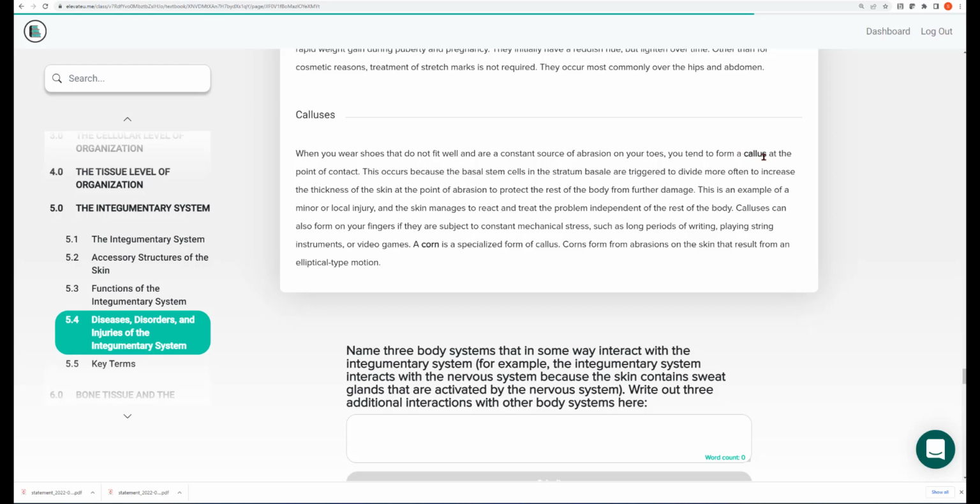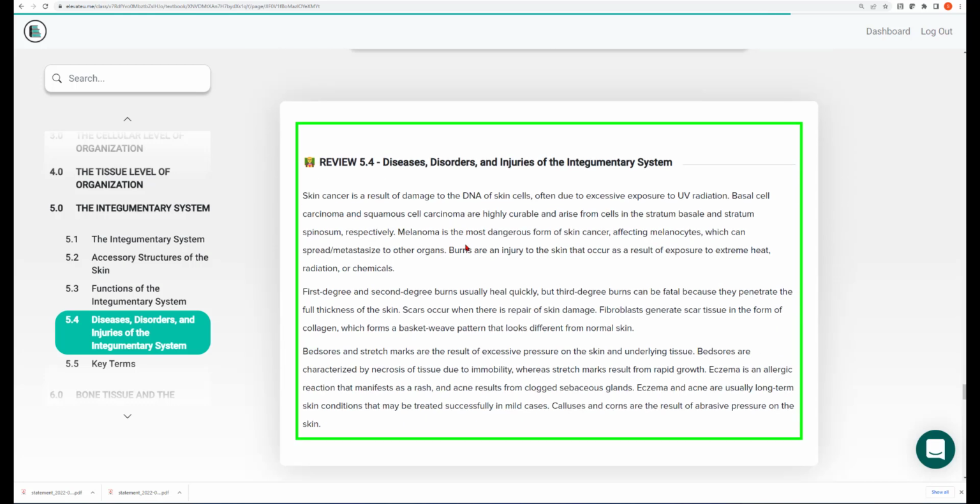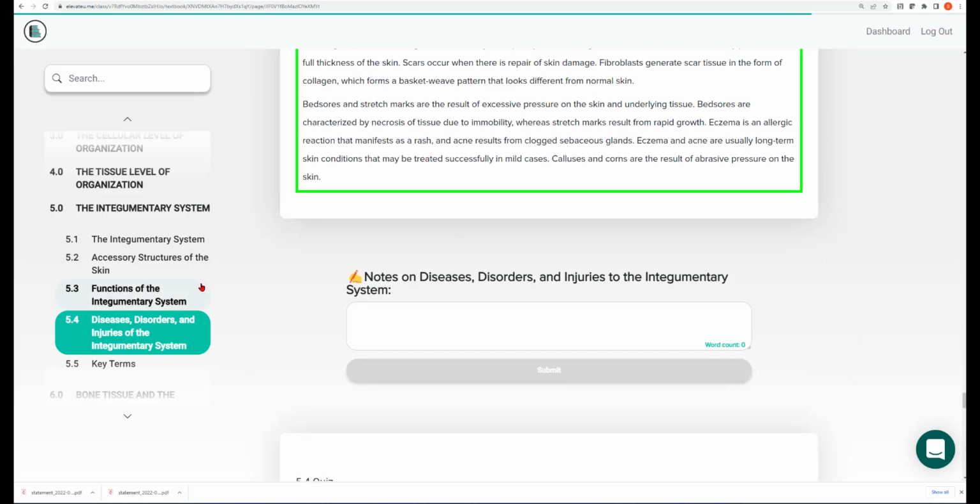And you might have a callus or a corn, which is basically a specialized form of a callus. So calluses and corns, think stratum corneum, that thicker outer layer of the skin increases. And that does finally bring us to the end of this chapter on the integumentary system.